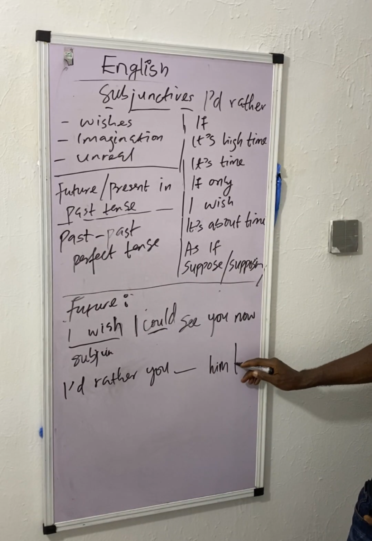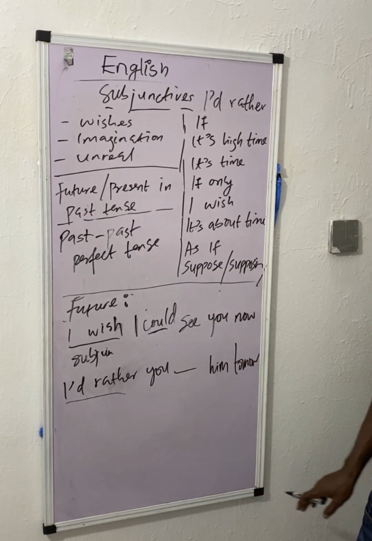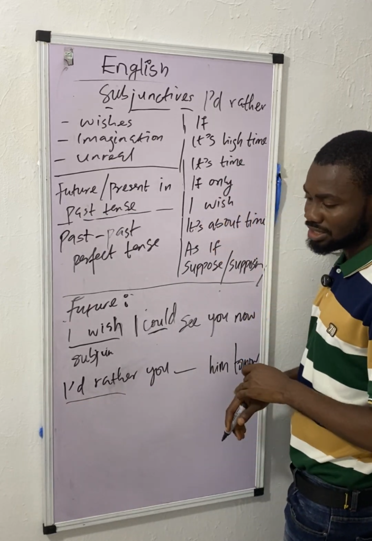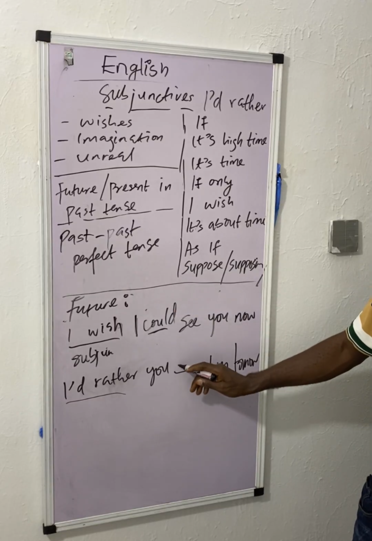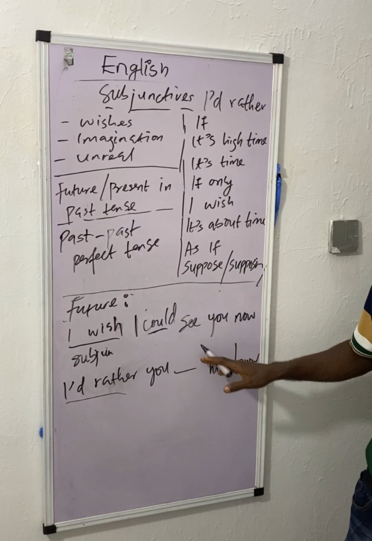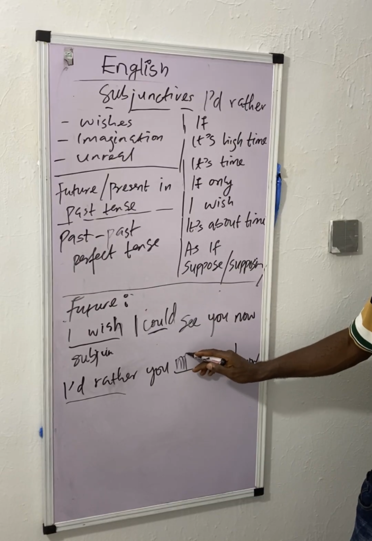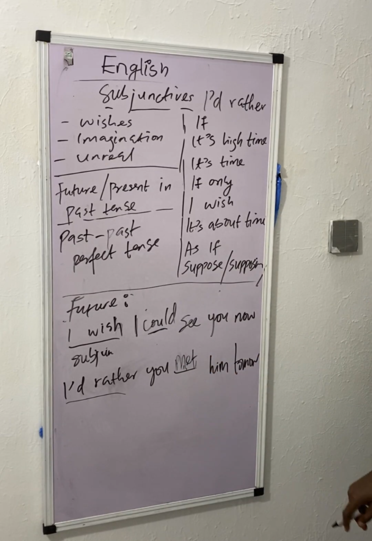This one is a subjunctive, right? This "would rather" is already telling us it is something in the future. So what do we put here? For the future we use past tense, right? Is it "I would rather you meet him tomorrow" or "I would rather you met him tomorrow"? We use met, right? Past tense. So, I would rather you met him tomorrow.